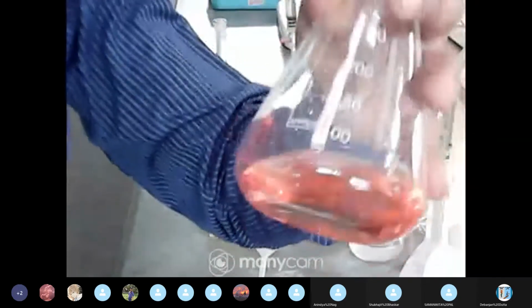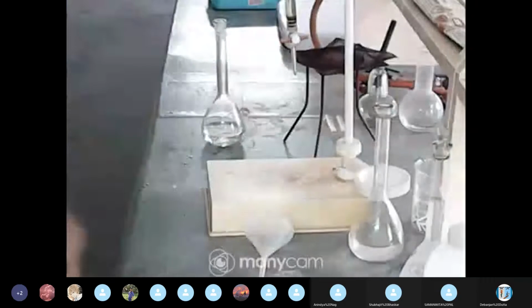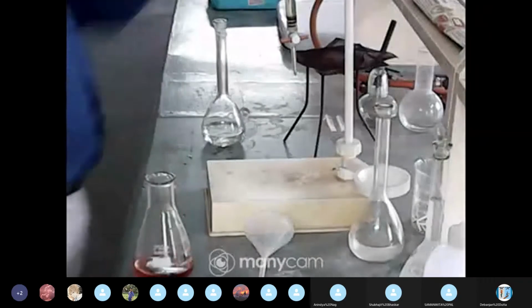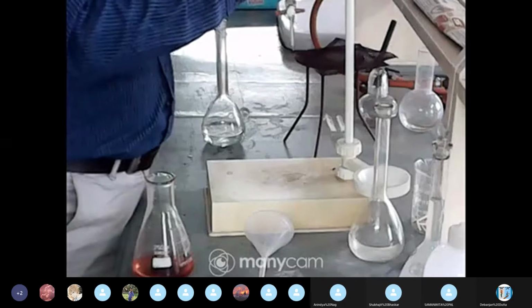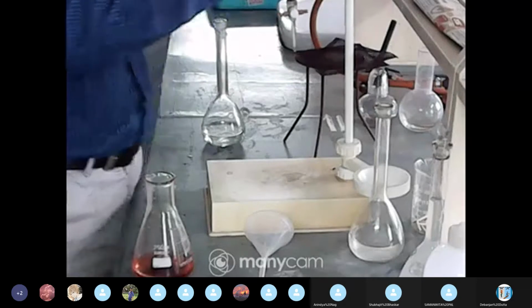Observe the color. Everyone can see the color. This is pink, but it seems to be red. This is the end point. Now we have to take the reading. This is 24.8.